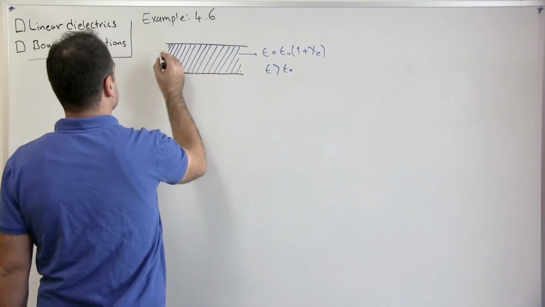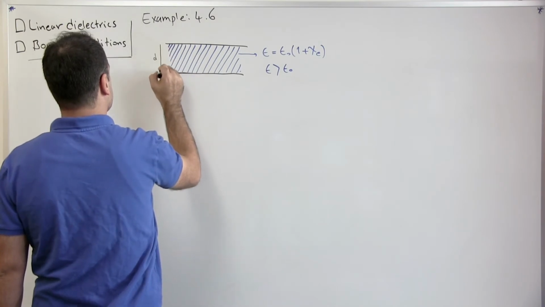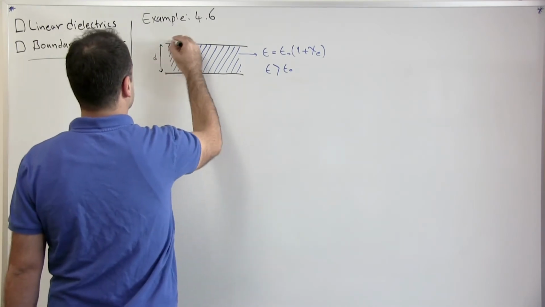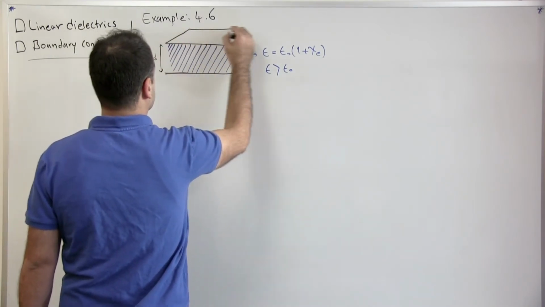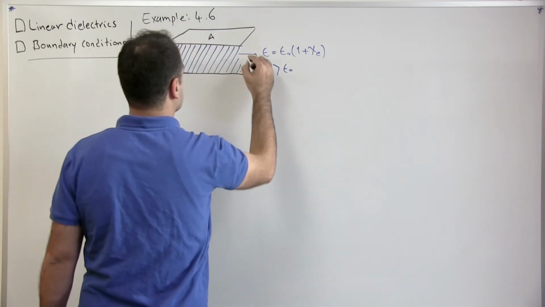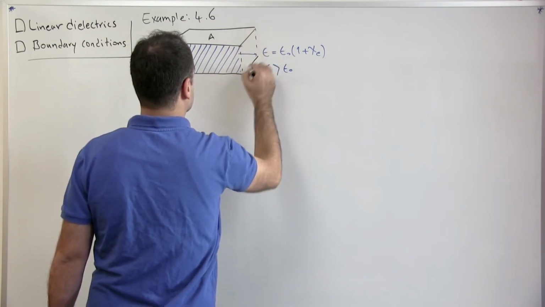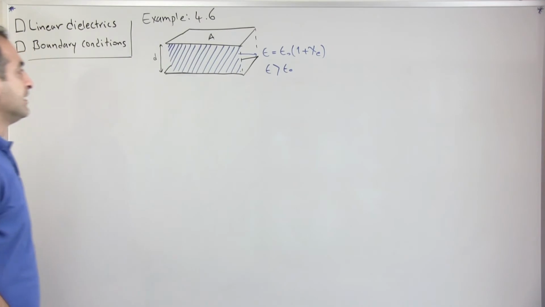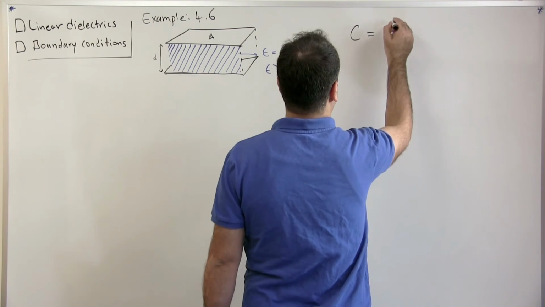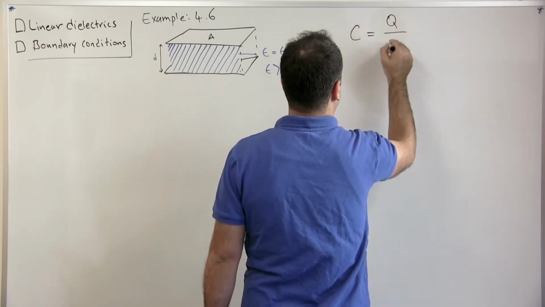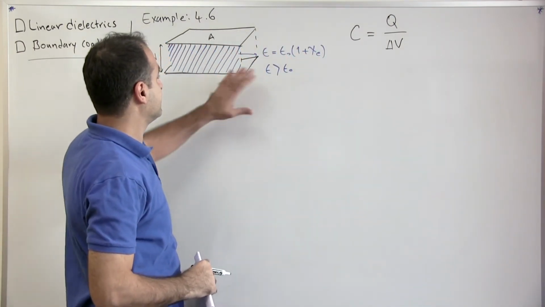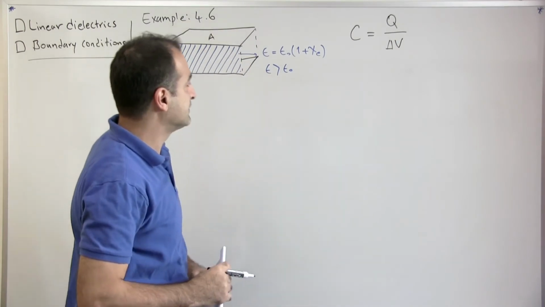Okay, so imagine the distance is d between the plates, and imagine the area of each plate is A. I hope you remember that the capacitance is Q divided by delta V. So I want to compare two cases, one of them with no dielectric material, the other case with dielectric material.